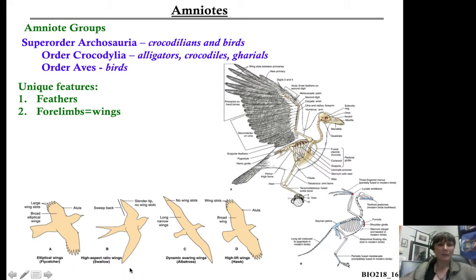These high aspect ratio wings, shown here on a swallow, are for rapid high flight, and so they're quite attenuate here. These dynamic soaring wings are not drawn to scale here. They're incredibly long and highly muscular, and they're used for long distance flight. So when you're flying very far away and need to basically glide to where you're going.